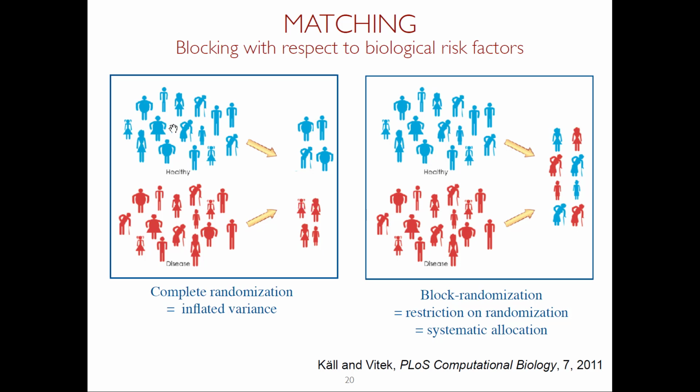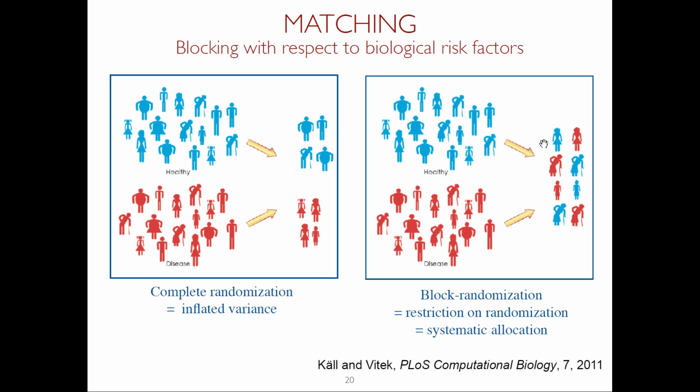So here's an example. If we have populations which are quite heterogeneous, especially if the number of replicates is fairly small, and we completely randomly select subjects, even if we do everything right in theory, we may still end up with healthy who are, I don't know, older and male, and then disease who are all younger and female or something like that. So blocking would impose a restriction on these potential confounders and say, I want to have one younger female from each group.